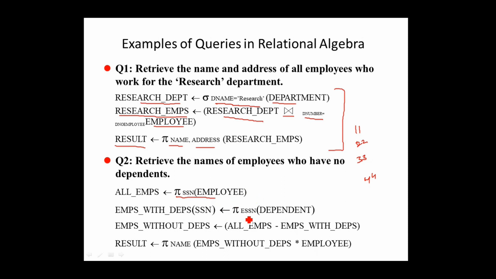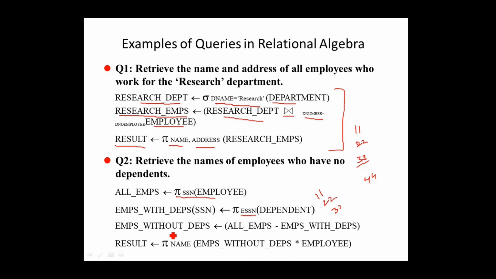And in my dependent table, I'm projecting the ESSN of all the employees. So there's a dependent table where ESSN is a foreign key, right? So I'm just projecting this column. Say only a few employees have a dependent, say 11, 22, 33. Only these employees have a dependent. So they will be in this dependent column. So when I project this, what will be the output? It will be 11, 22, and 33.